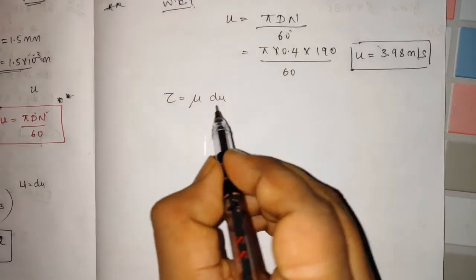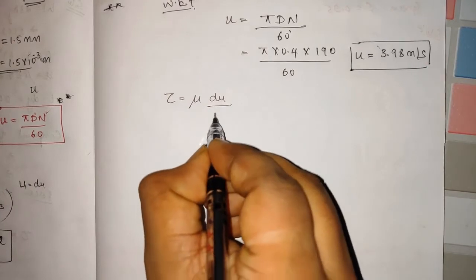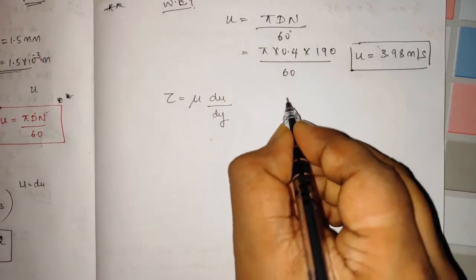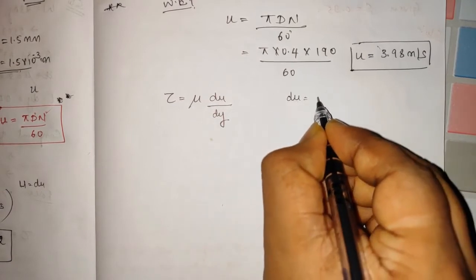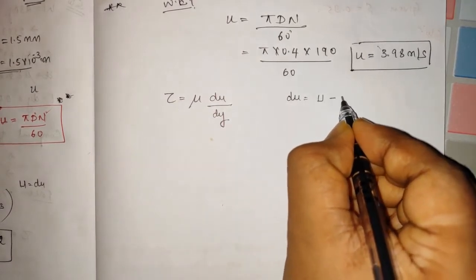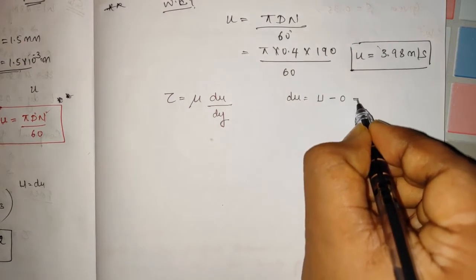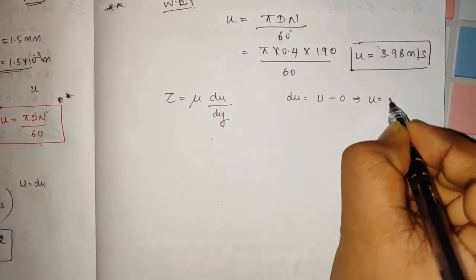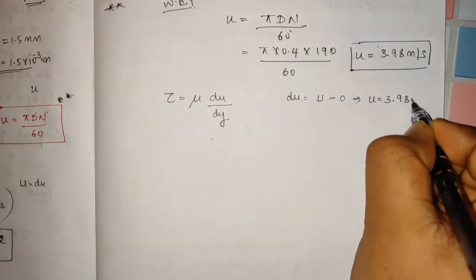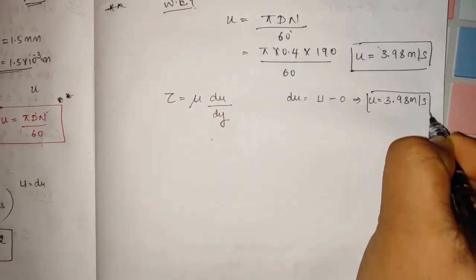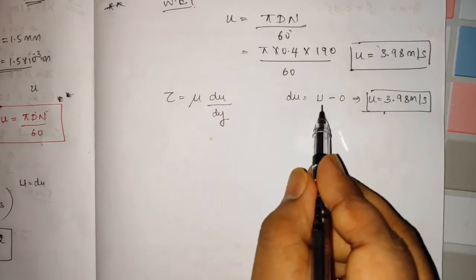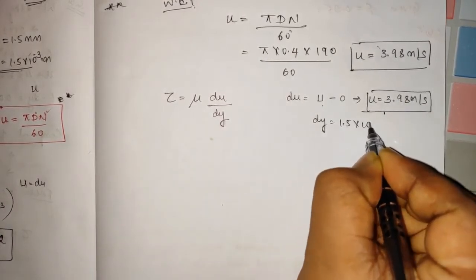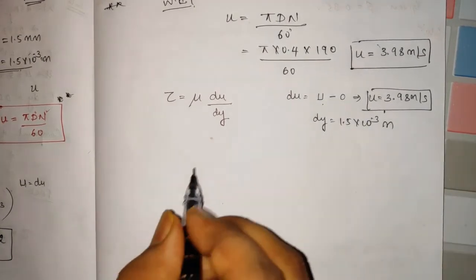So tau is equal to mu into du by dy. Now what do I know? du is the change in velocity. So u minus 0, as I don't have another value, is nothing but what we calculated, 3.98 meter per second. I'll take du as u only. dy I'll take as 1.5 into 10 power minus 3 meter.